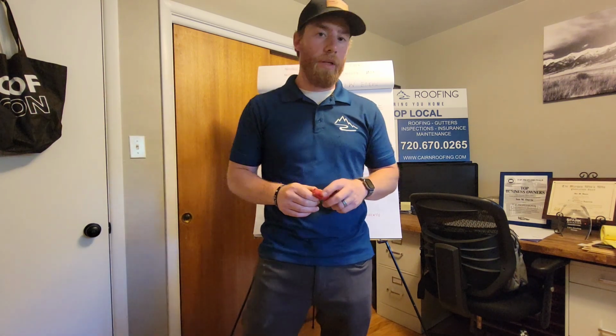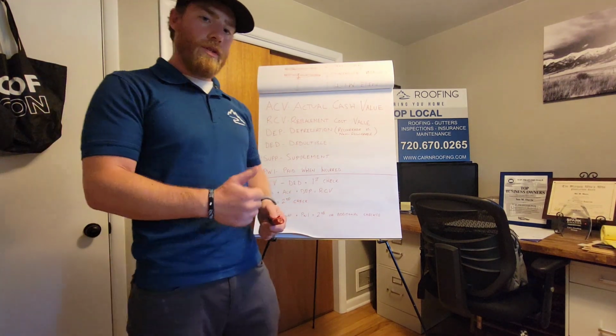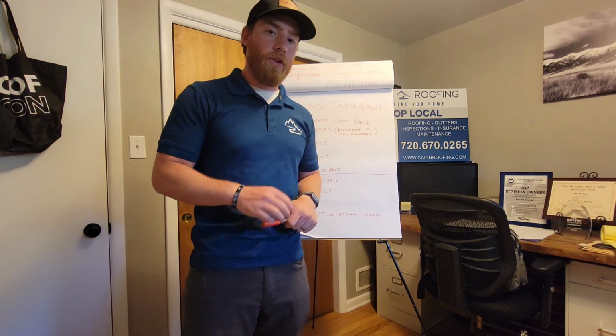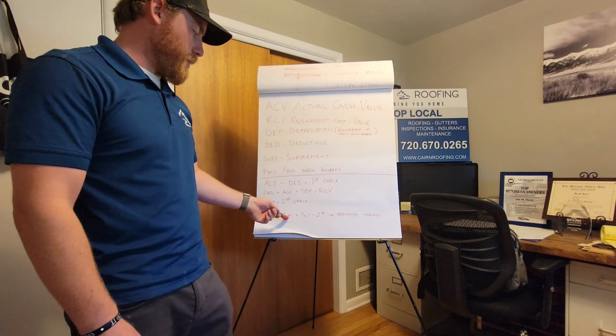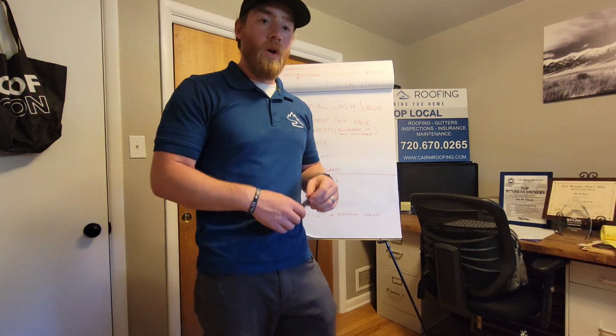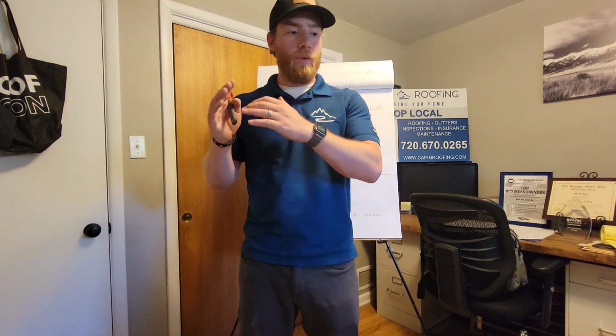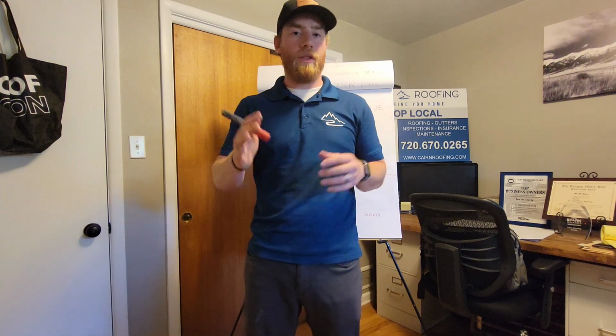And then down here at the very bottom, these are if there's supplements and if there's paid when incurred items, then the depreciation plus the supplements plus the PWI is going to be the second check or additional checks. There are times where the insurance company will release the depreciation on that second check, and then they might follow that up with a third check that includes PWI and then a supplement or a combination thereof.